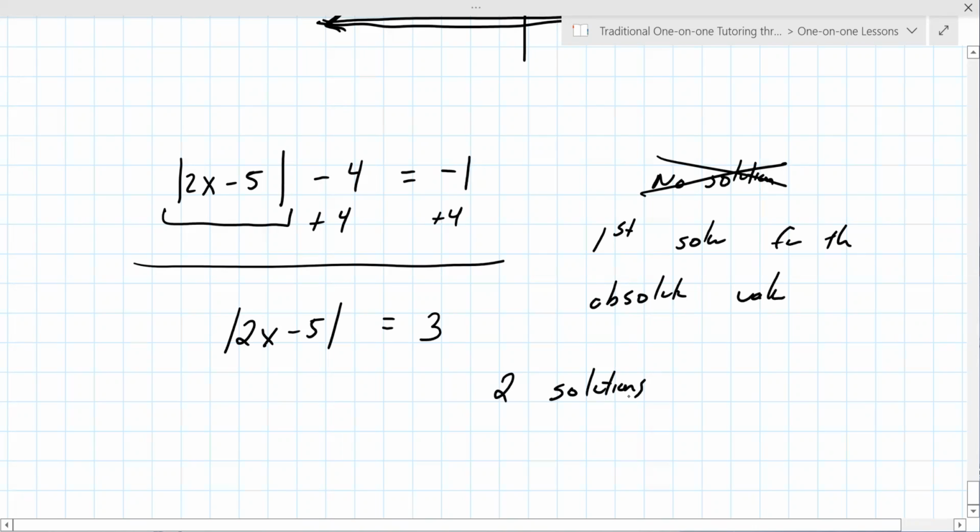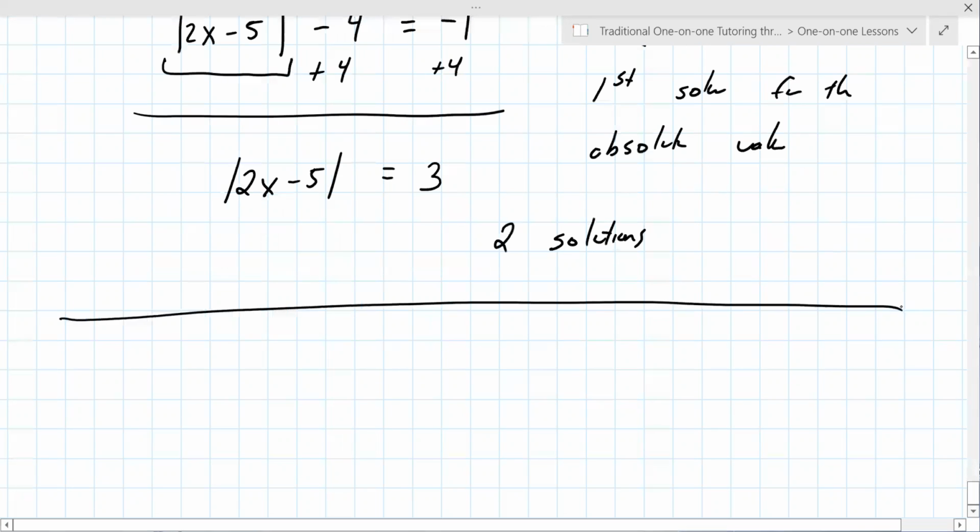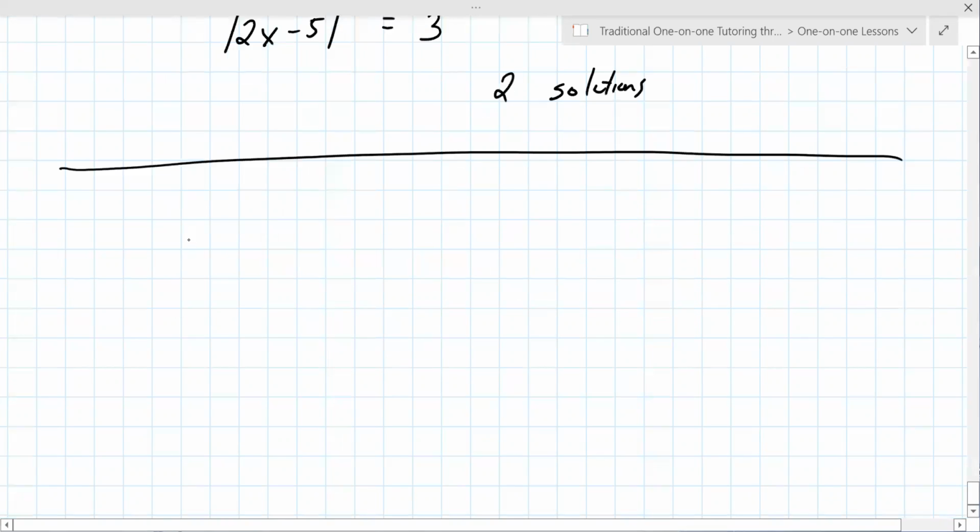So here's another possibility though. -2 times absolute value 4x minus 7, minus 3 equals, we'll say, 5. Right now it's looking really good, right? It's a positive number, but you have to isolate that.